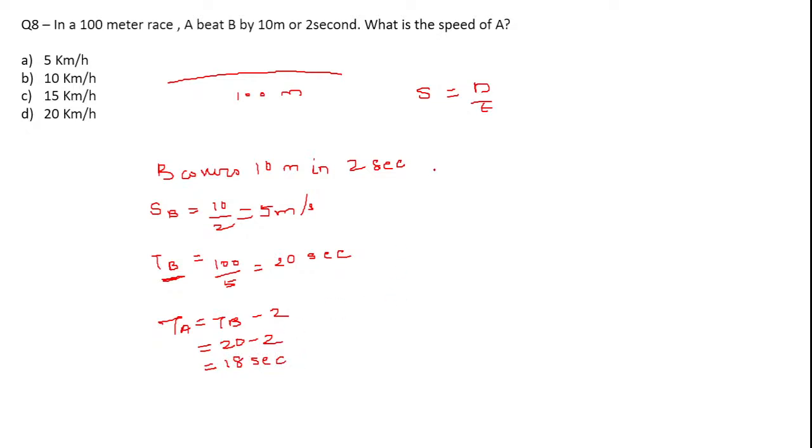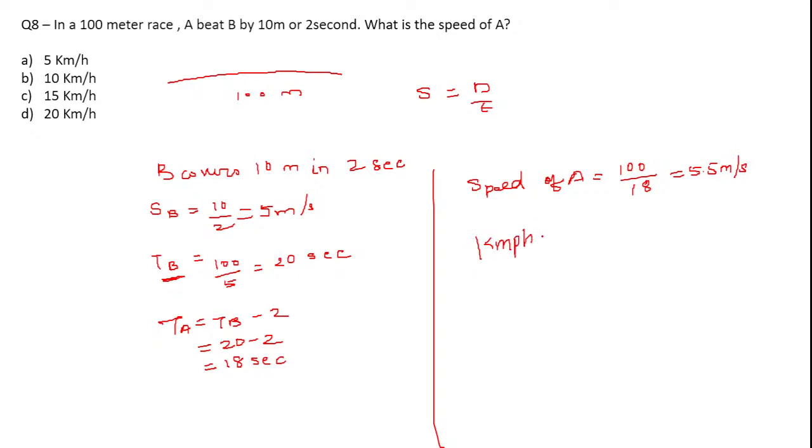Now in the question we have to find the speed of A. So for the speed of A, we know the time taken, so 100 upon 18, which comes to 5.5 meter per second. Now we need to find it in kmph, right?